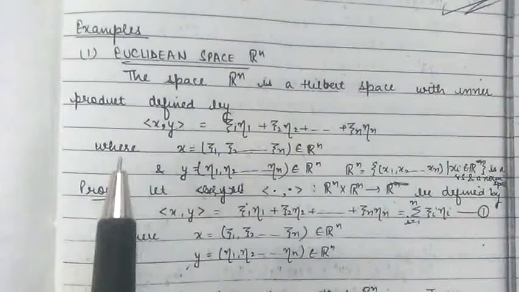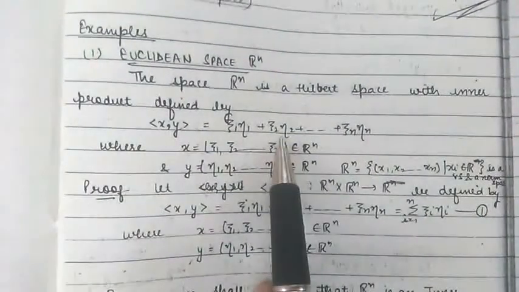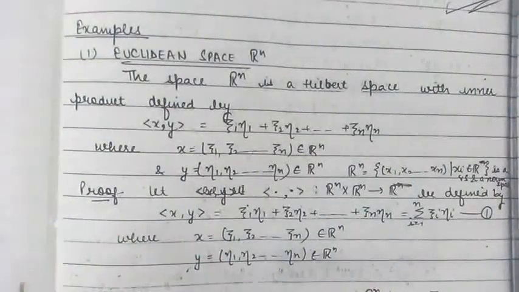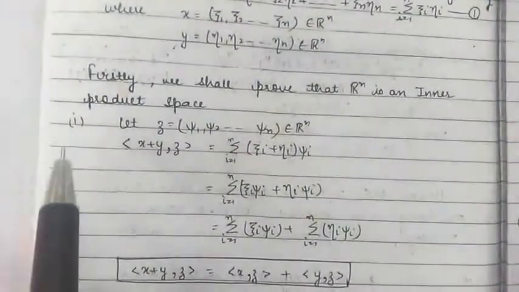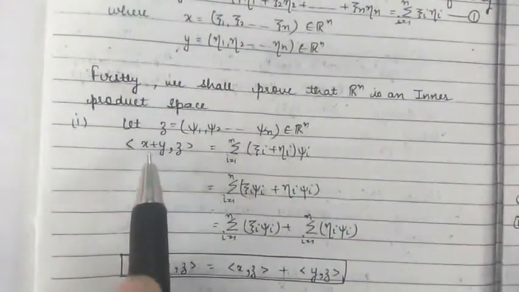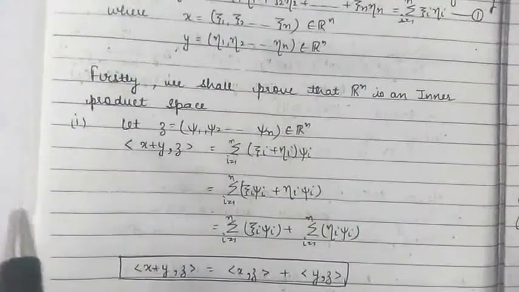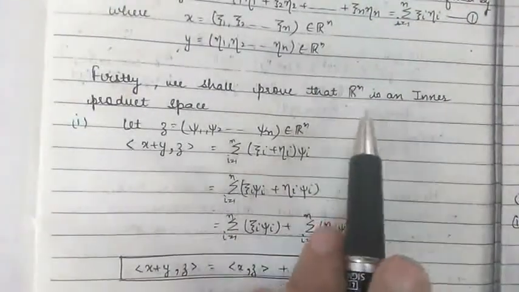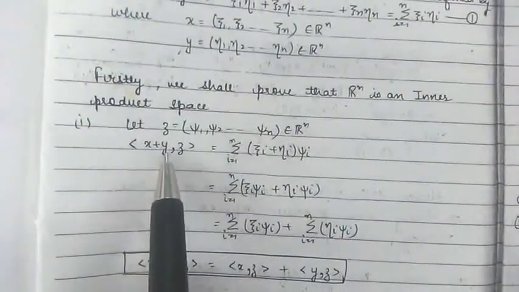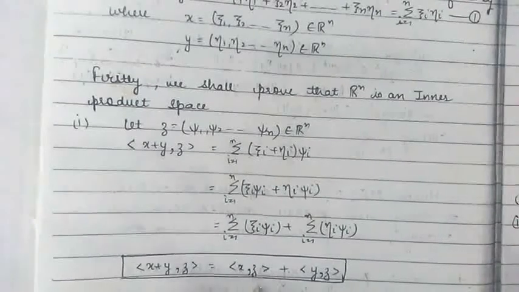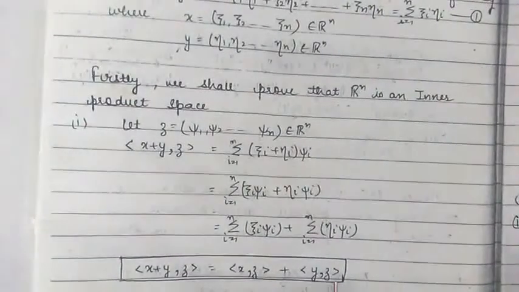Now we will prove that this product defined by us is an inner product. So we will verify the properties of inner product. The first property of inner product is linearity with respect to addition in the first variable. Means we are to prove that if we take three elements x, y and z from Rn, then the inner product of x plus y with z is equal to the inner product of x with z plus the inner product of y with z.